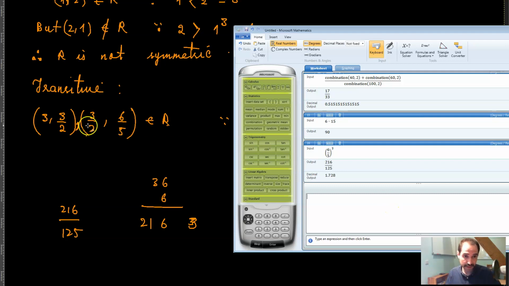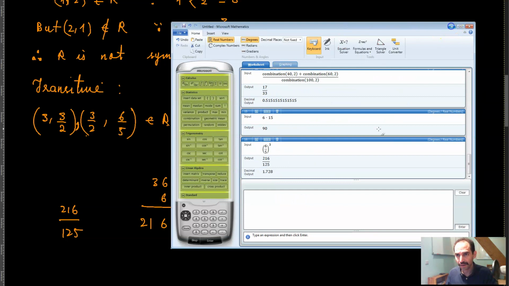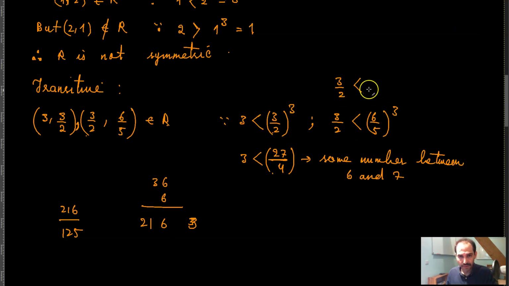And 3/2 is the same thing as 1.5, so 1.5 is less than or equal to 1.7, right? So that is also true.